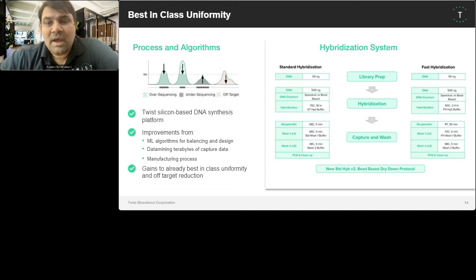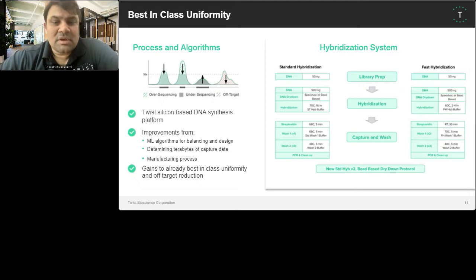The third important thing that we did was change the actual hybridization workflow. Unlike our previous workflow, we brought about changes in the wash temperatures, and we also introduced a new buffer system for our standard hybridization, which improves the performance metrics and also the workflow in general.